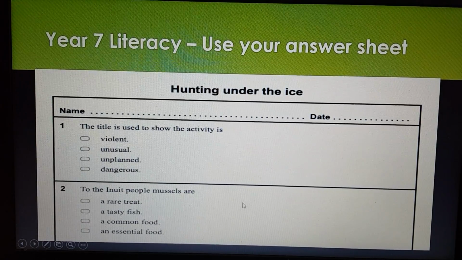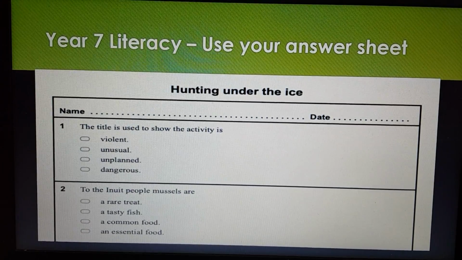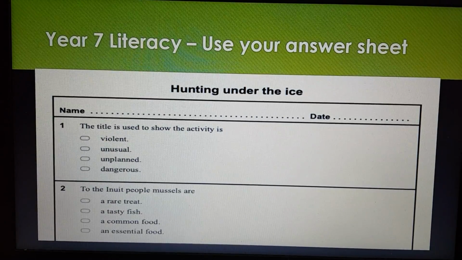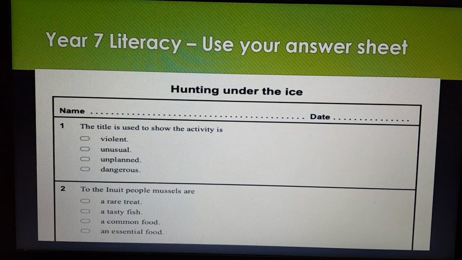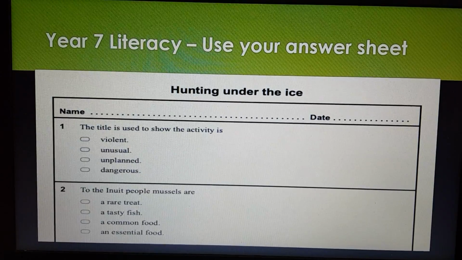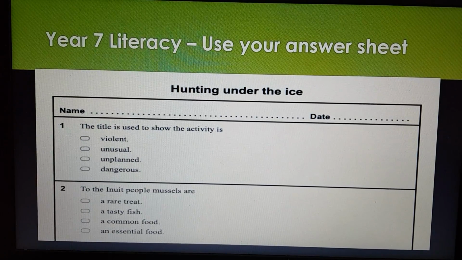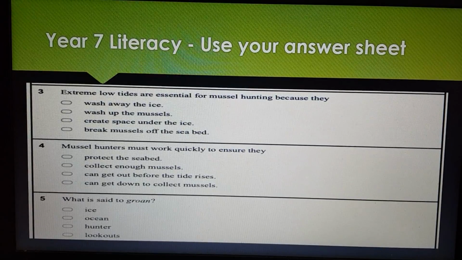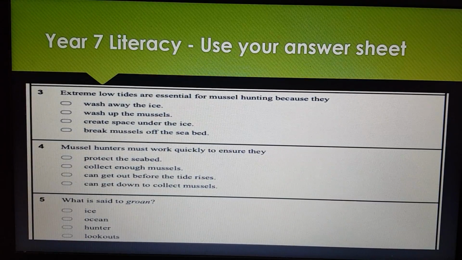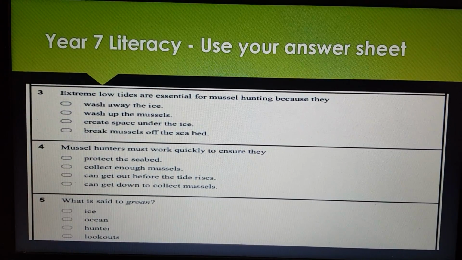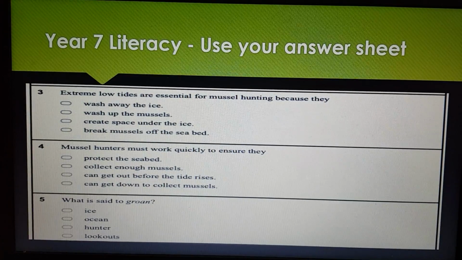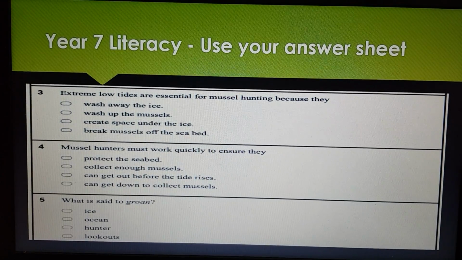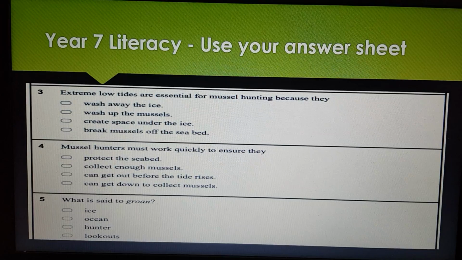Number 2, to the Inuit people, mussels are 1, a rare treat, 2, a tasty fish, 3, a common food, 4, an essential food. Question 3. Extreme low tides are essential for mussel hunting because they 1, wash away the ice, 2, wash up the mussels, 3, create space under the ice, 4, break mussels off the seabed.